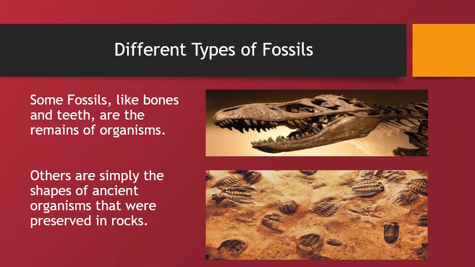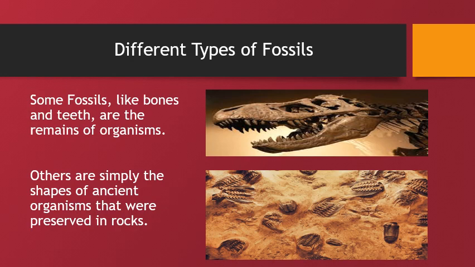Now let us look at some different types of fossils. As you can see in the picture, some fossils like bones and teeth are the remains of the organisms. These organisms used to live before, and their meat or flesh has been decomposed by bacteria or worms that stay under the ground.